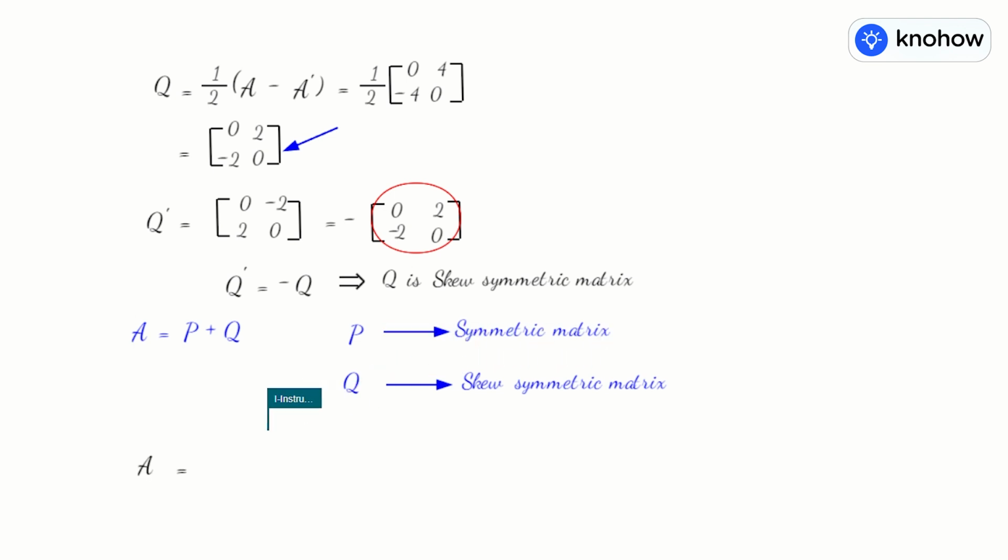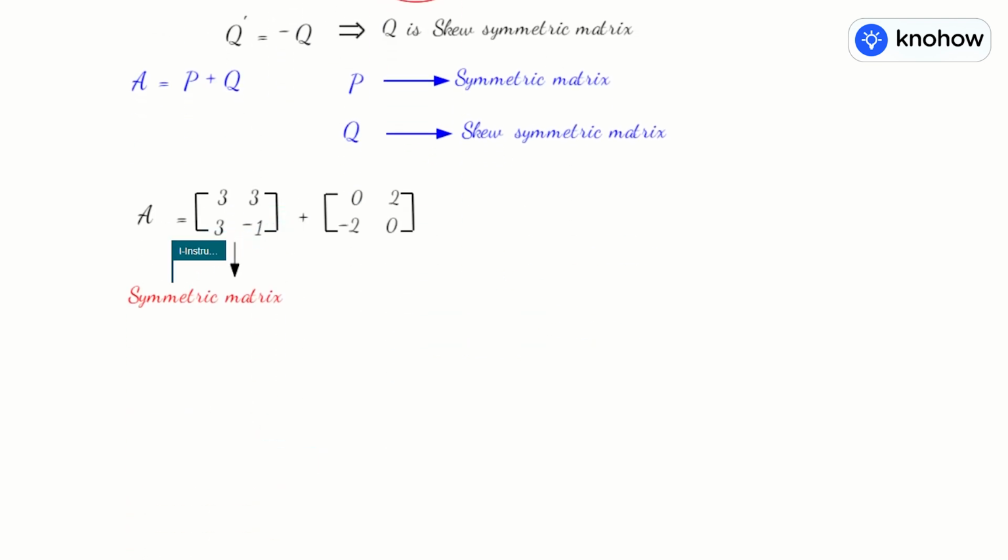The value of P is 3, 3, 3, minus 1. And what is the value of Q? The value of Q we worked out: 0, 2, minus 2, 0. So finally I conclude that yes, A can be expressed like this, where the first matrix is a symmetric matrix and the second is a skew symmetric matrix. So that's what we have to do.